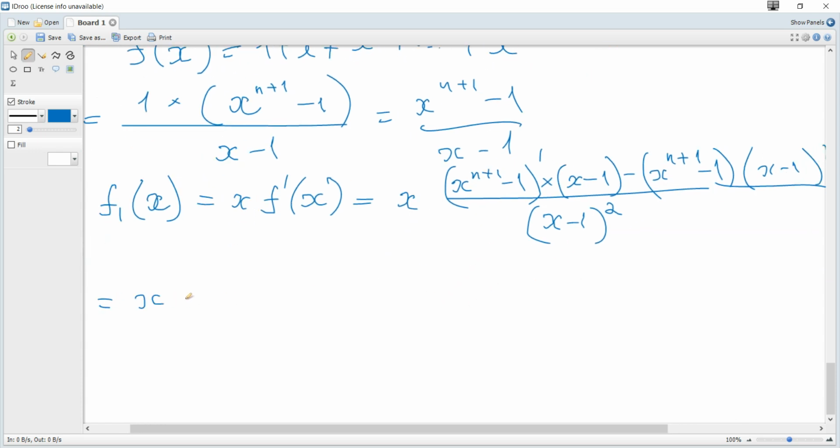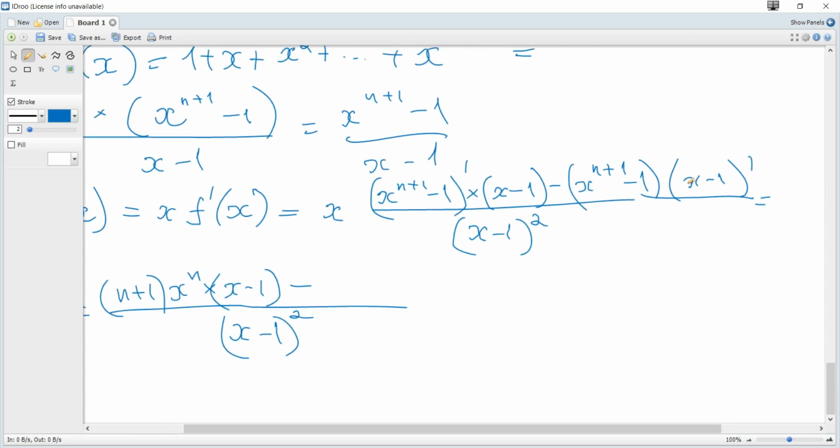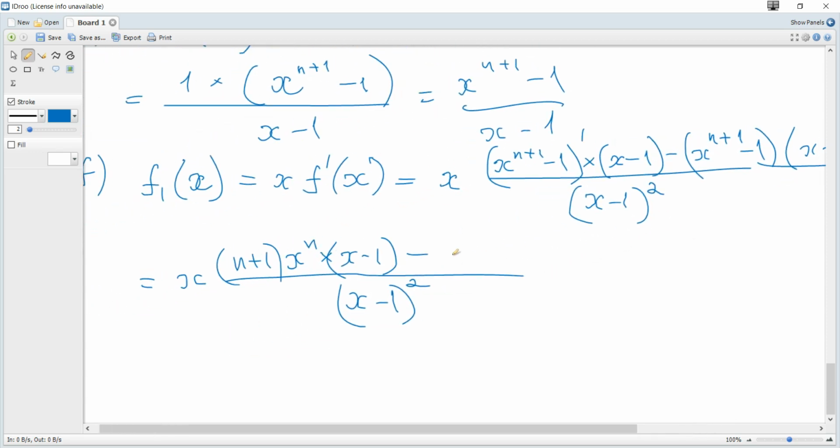It becomes x minus 1 squared in the denominator, x to the n plus 1 minus 1 derivative, so it's n plus 1 x to the power of n, minus 1 derivative, which is 0, multiplied by x minus 1, minus x to the n plus 1 minus 1 multiplied by the derivative of x minus 1, which is just 1, in parentheses.